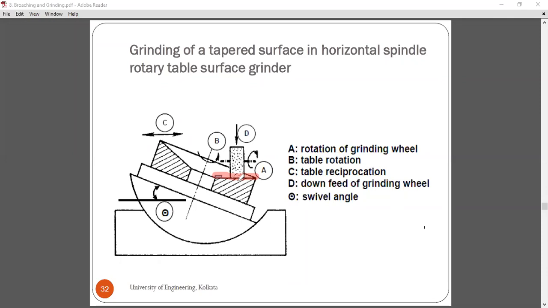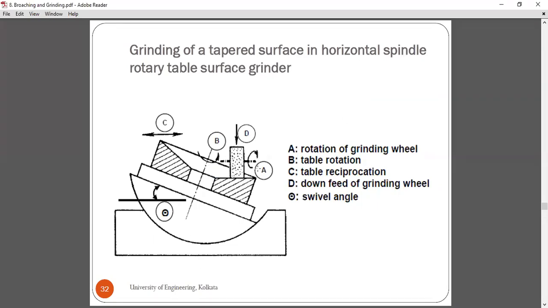So these kinds of things are possible, wherein the grinding wheel removes the material from the workpiece, and different shapes are possible here.